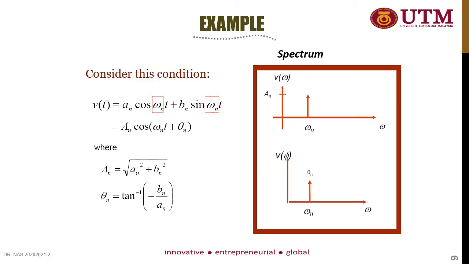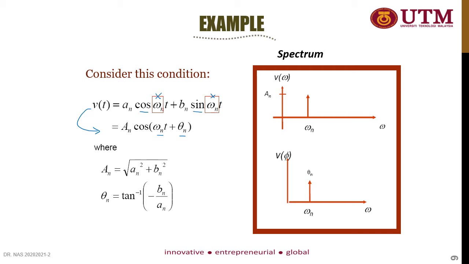Okay, let's look at another condition. When you have both cos function and sine function that share the same frequency, omega naught or omega n, you need to rewrite the equation into an equivalent equation given by An cos(omega n t plus theta n).